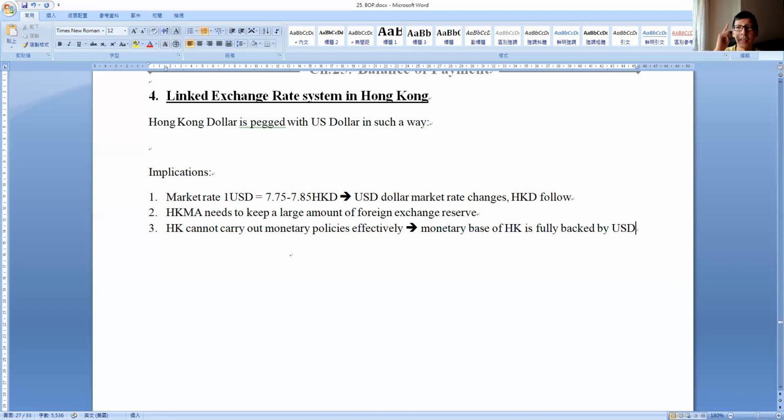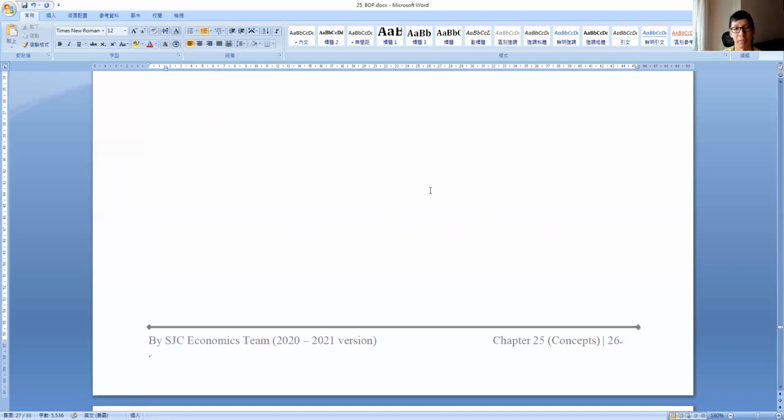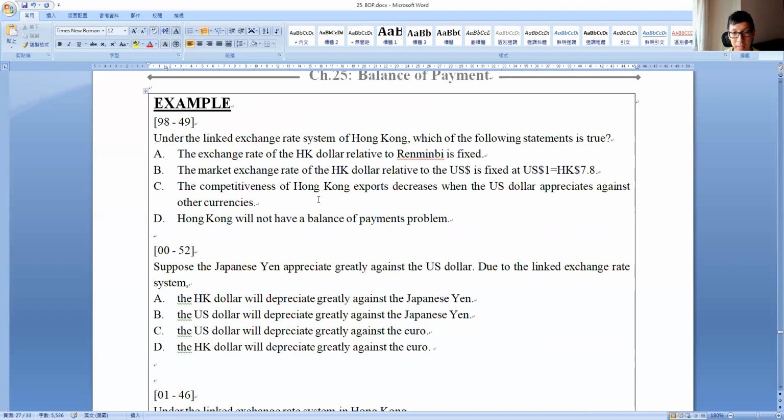Now let's try to wrap up our video with a lot of examination examples. All right, now let's go to the next page. Under the linked exchange rate system, which of the following is true? First of all, the exchange rate of Hong Kong dollar relative to renminbi is fixed. No, it should be relative to USD. We are linked with the USD. Second, the market exchange rate is fixed.